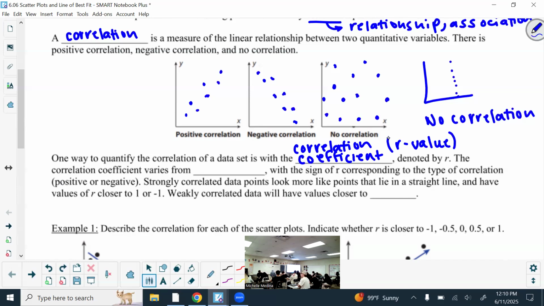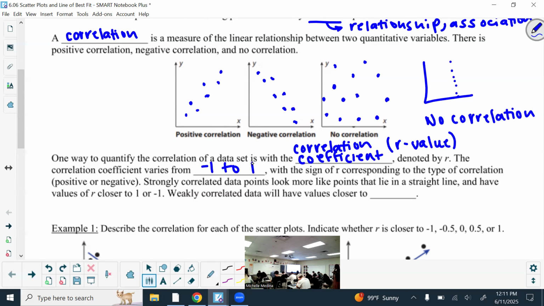I don't remember which one is on your test. Be prepared for both to be on your test. They mean the same thing though. So that's a way to quantify the correlation of a data set. I could put it into technology and have it tell me what the R value is, which is the correlation coefficient. It varies from -1 to 1.